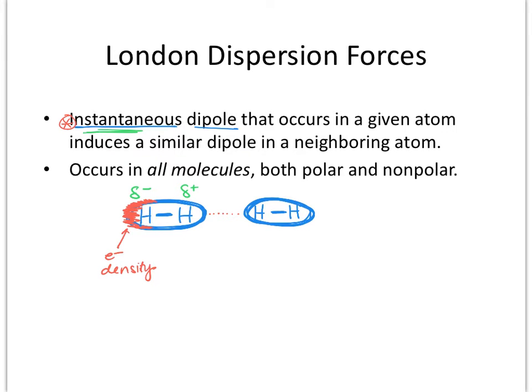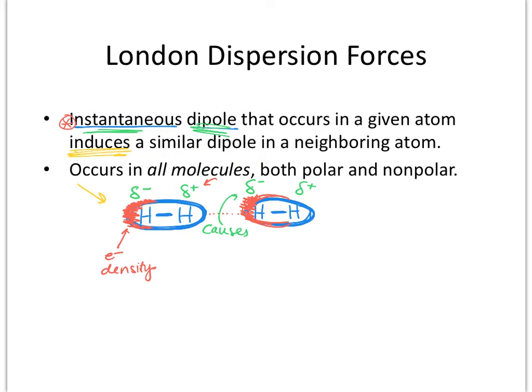This first molecule induces its neighbor to do the same thing. The partial positive end of that molecule will attract the electrons from its neighbor toward this side, because opposites attract. So it causes the neighbor to be temporarily and instantly polar.